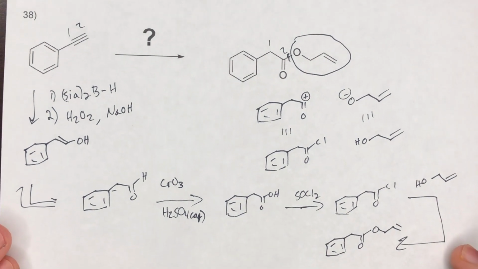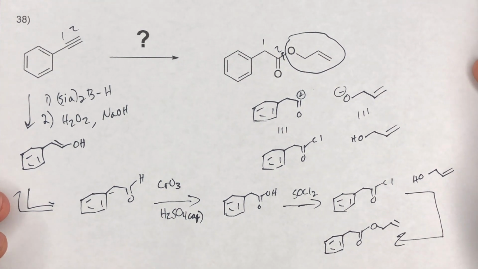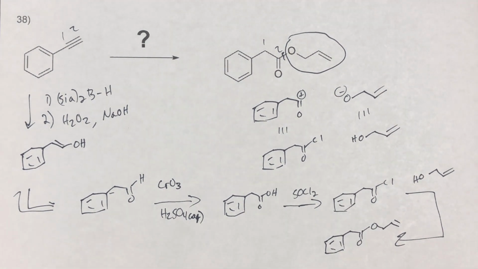So this may seem like an extremely impossible question, but I hope that this breaks it down into manageable pieces. The very first step, you should always look at, have I changed my carbon skeleton? If I've changed my carbon skeleton, that is where I need to put most of my thought: how do I extend my carbon skeleton in a way that I have access to in my synthetic toolbox?